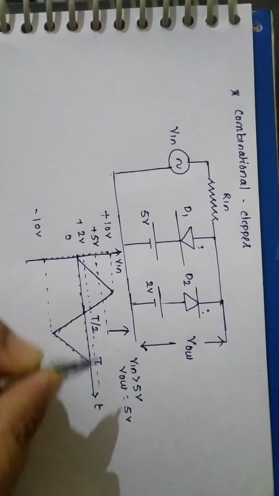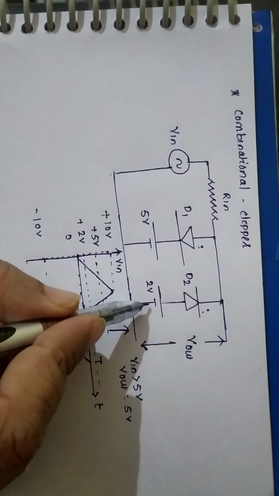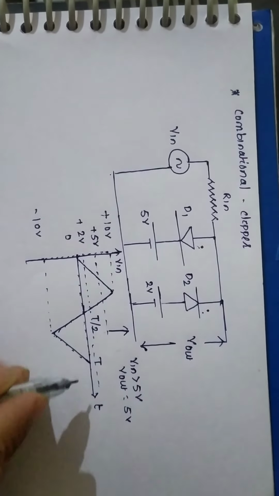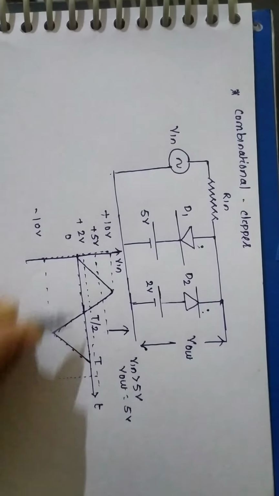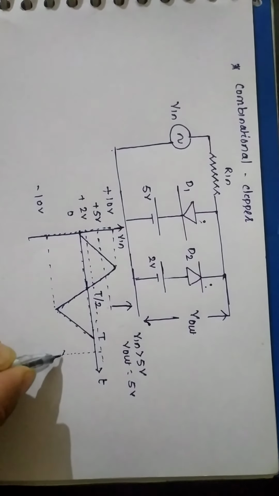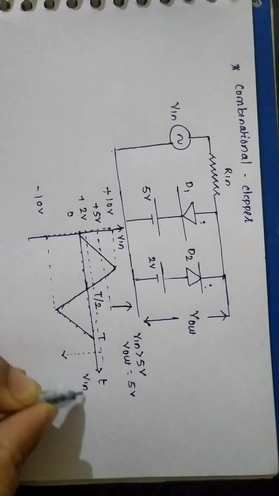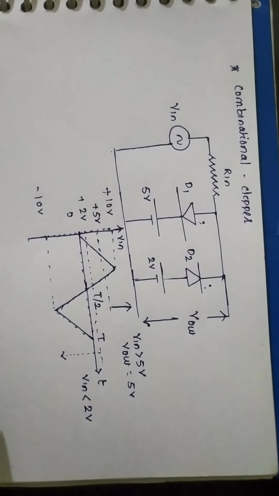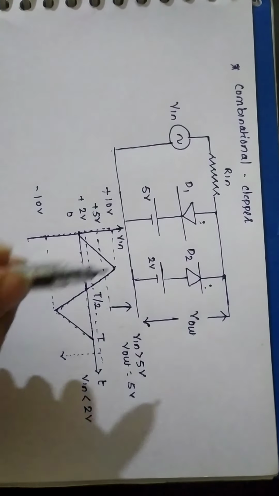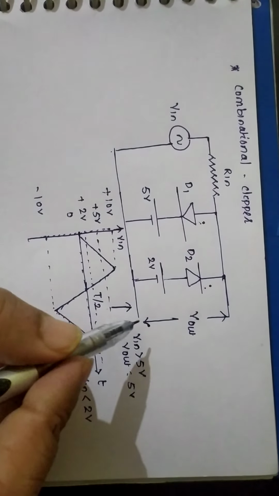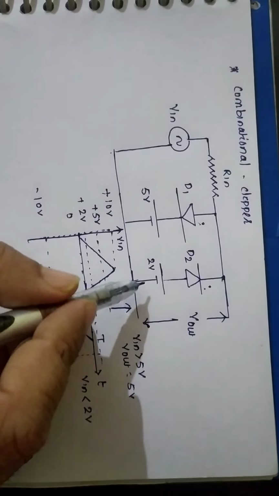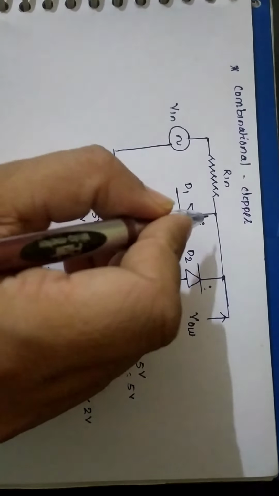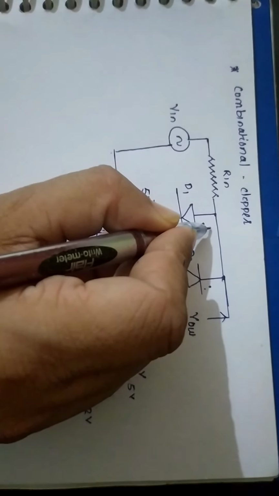The second condition, once my input voltage is less than 2 volt, this is the 2 volt, input is less than 2 volt. In that condition, what is my output voltage? So less than 2 volt means I can apply here 0 volt.